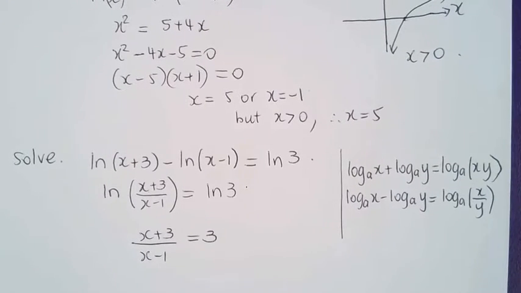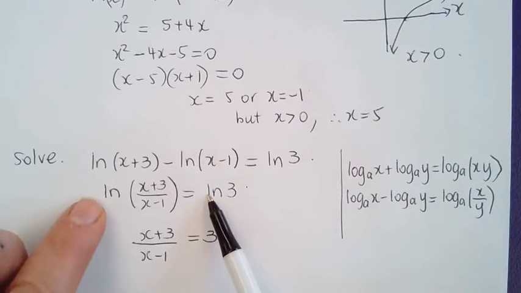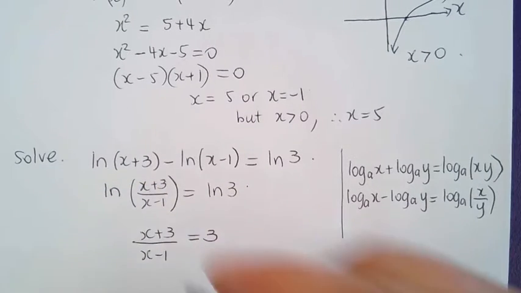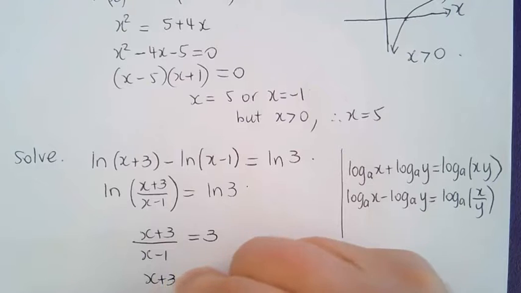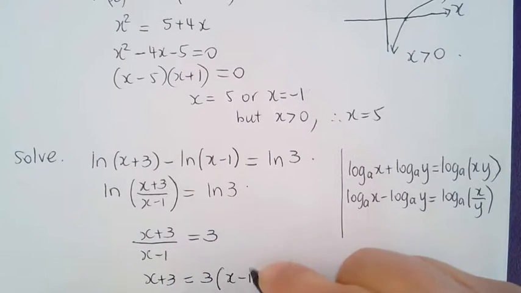What I'm trying to do is get both sides as log of something equals log of something. Once you've got that, then obviously that bracket has to equal 3. So now, x plus 3 equals 3 what? Bracket x minus 1.